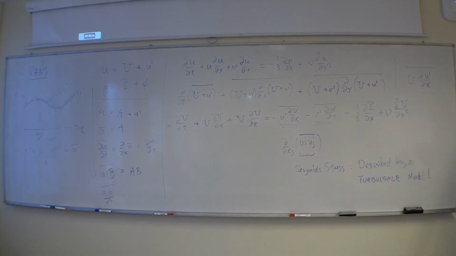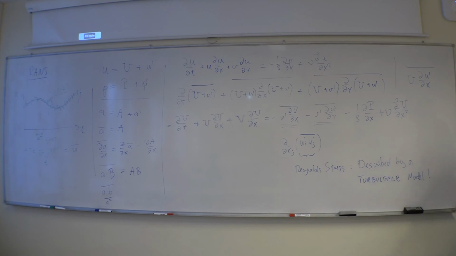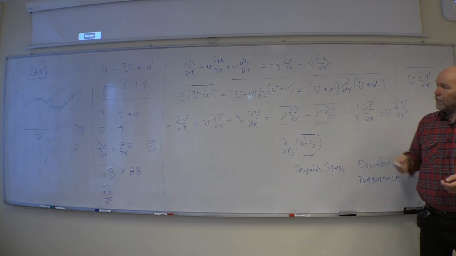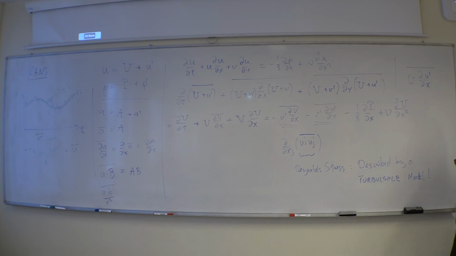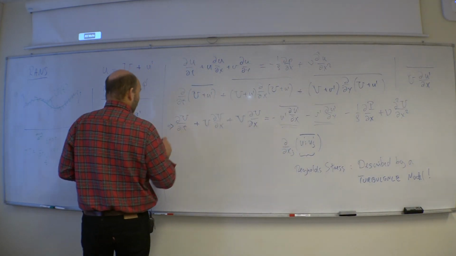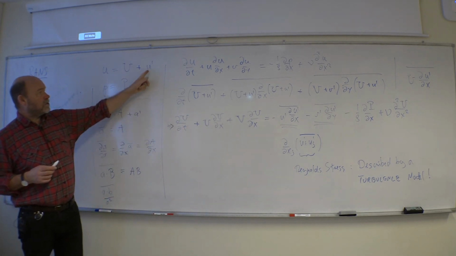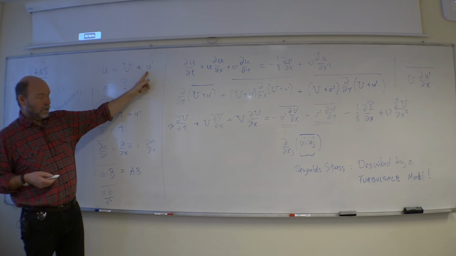So now you can start playing around with the algebra. You can take this equation minus this one. And then before you do the averaging here, you can sort of manipulate and find a transport equation for not the mean part of the velocity, but actually for the fluctuating part. That's possible.